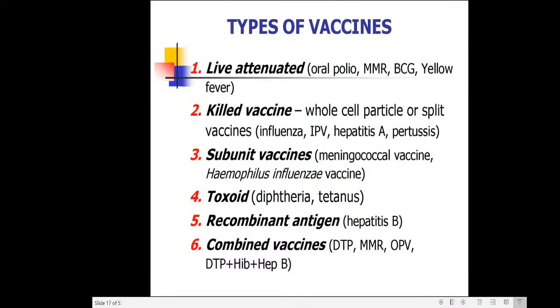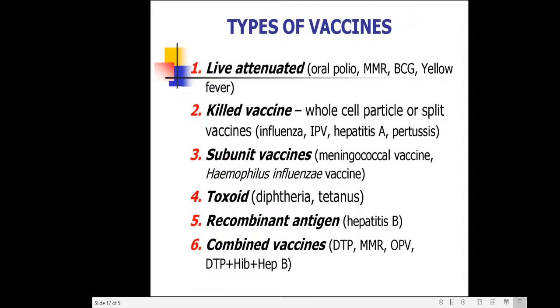Here are the types of vaccines. We have live attenuated vaccines; examples of attenuated are oral polio, MMR, BCG, yellow fever. Then the killed vaccines: whole cell particle or split vaccine.